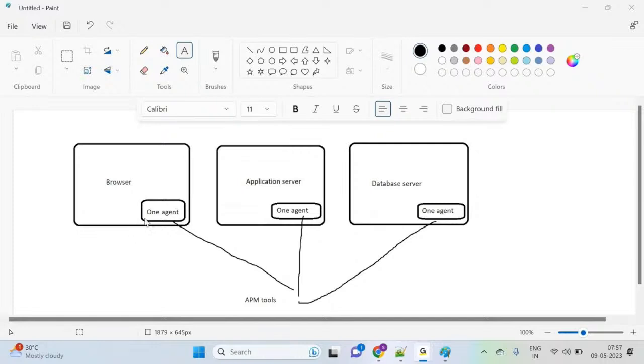Teja, you have a question, please ask. Yes, sir. In an Azure or AWS environment, how are these tools deployed, and do these softwares work as software as a service, or how does it work?